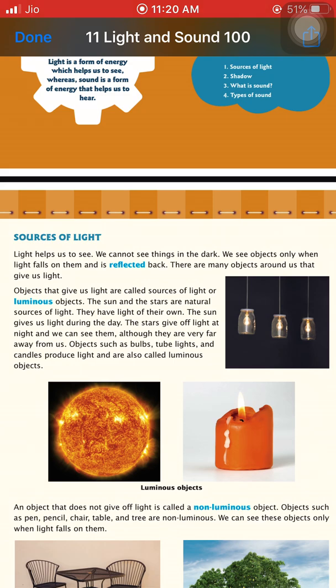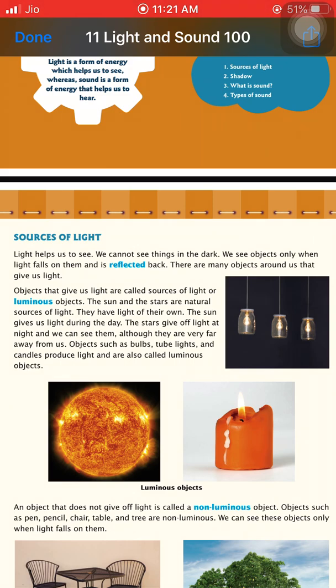Firstly, what is light? Light is a form of energy which helps us to see objects, meaning it is a form of energy with the help of which we can see the different things present in our surroundings. Similarly, we can take the example of day and night.